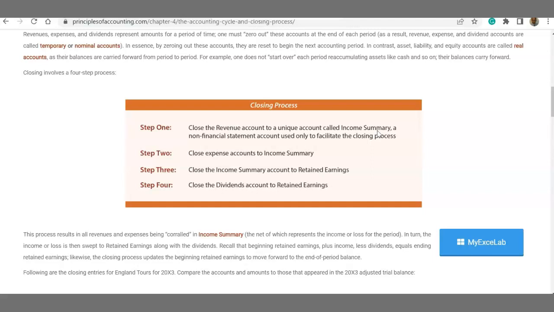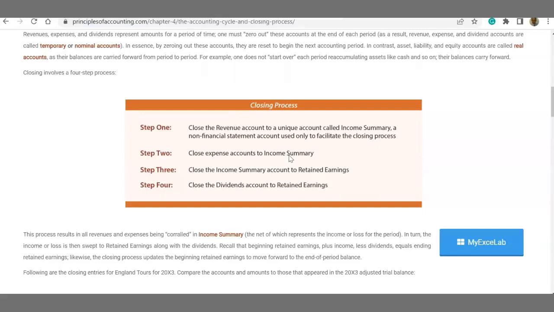You close the revenue into a temporary account, which you call income summary. Most books are showing this way. So you close revenue to income summary, and then you close expenses to the income summary.